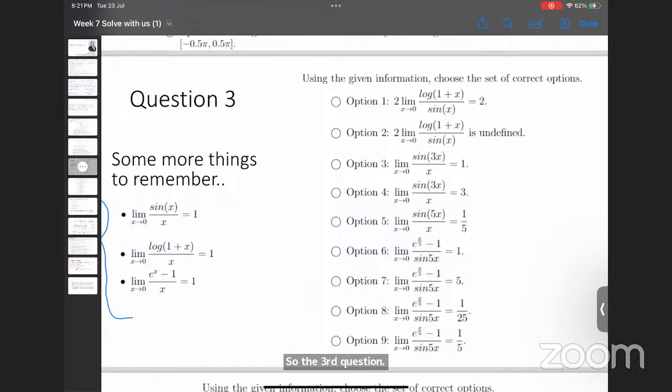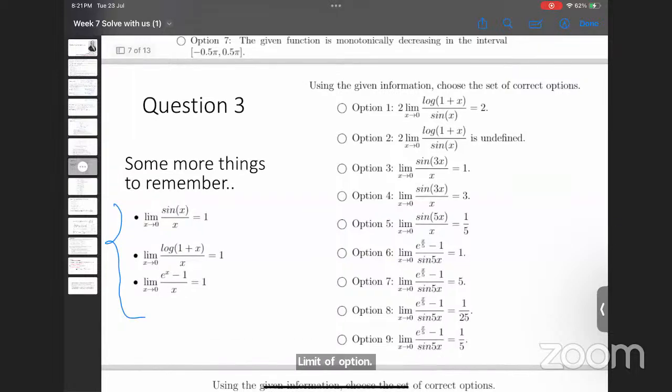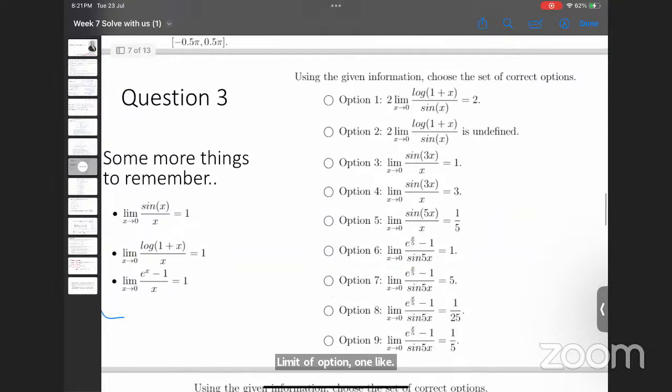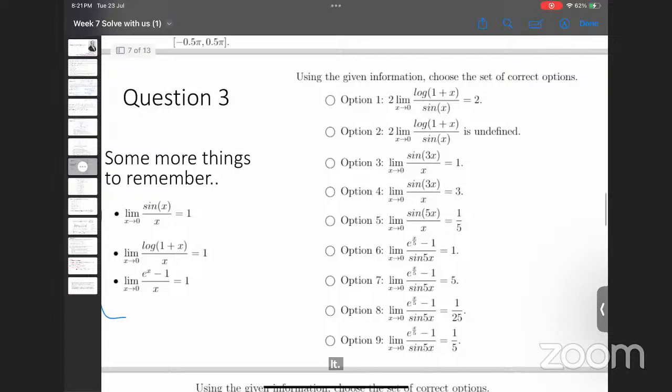There are 9 different problems. We can pick one by one. What will be the limit of option 1? We can solve this. Limit x tends to infinity.